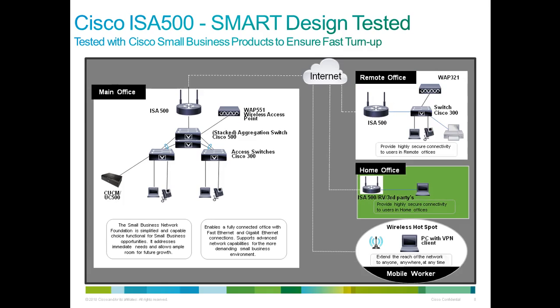And we have home office that also provides the secure connectivity to the main office. And we also have the mobile user that connects using the VPN client to the main office.